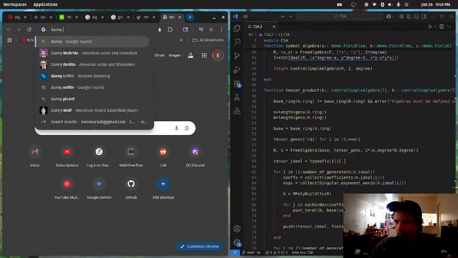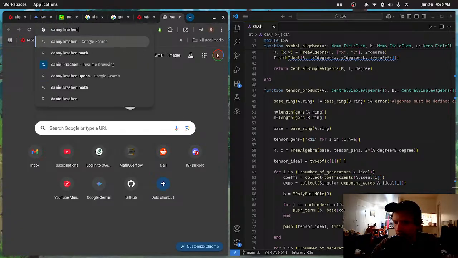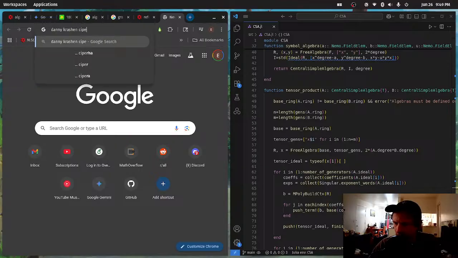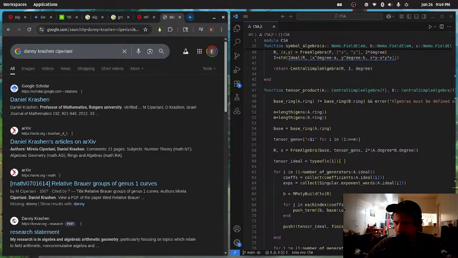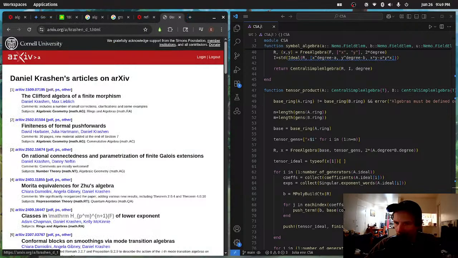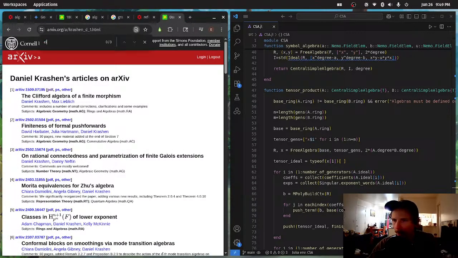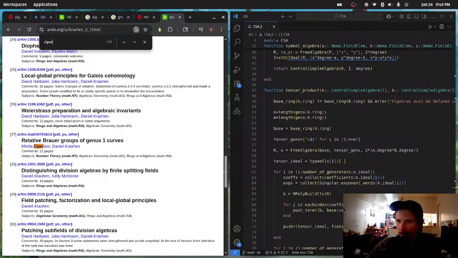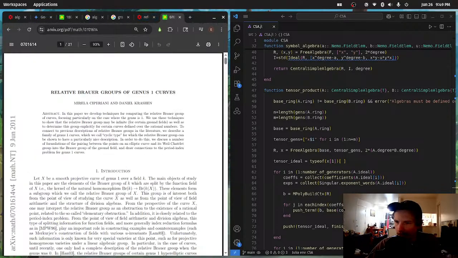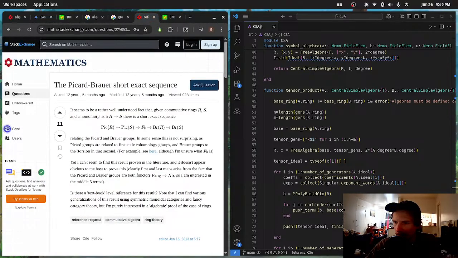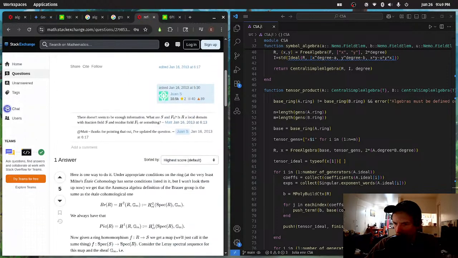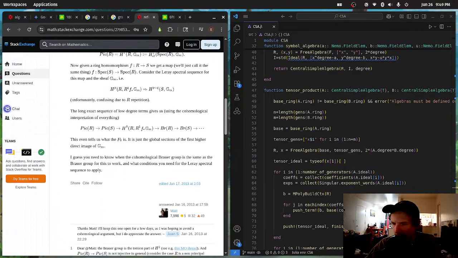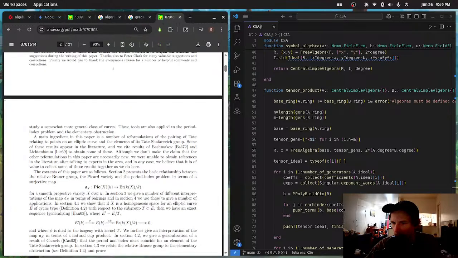I actually feel like it's probably better just to pull up Danny Krashen and Michel Shapiro's paper, I don't know how to spell that name though, on relative Brauer groups for genus 1 curves. So the sequence looks something like this. Let's just find it in here.